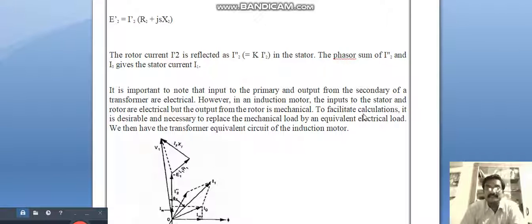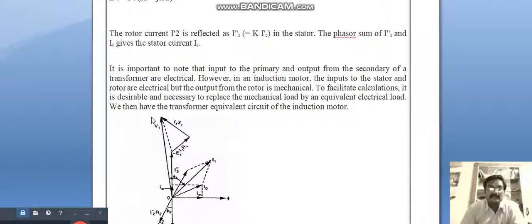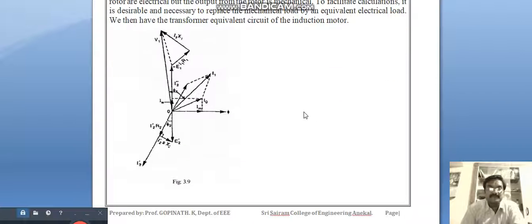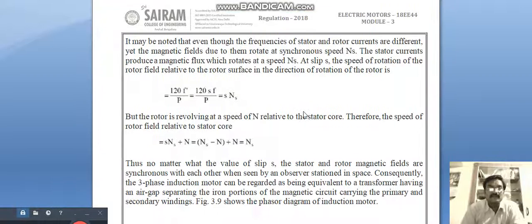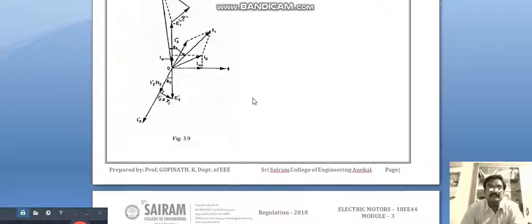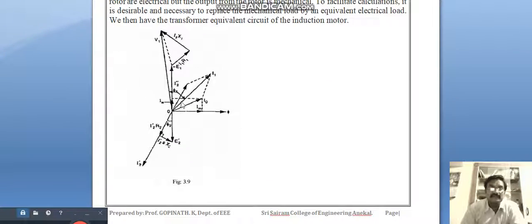To facilitate calculations, it is desirable and necessary to replace the mechanical load by an equivalent electrical load. We have the transformer equivalent circuit of the induction motor. Here is the vector diagram of the induction motor.